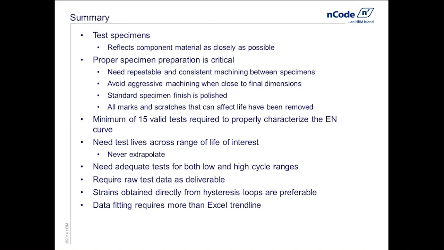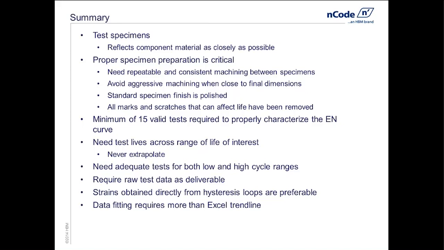I want to control the final surface finish on the specimen. And when we say polished, it's not like a mirror where I see myself in the specimen, but we want to eliminate any machine marks and scratches that would be initiation points.